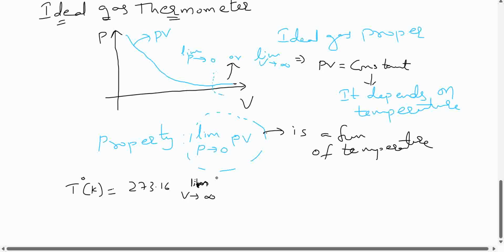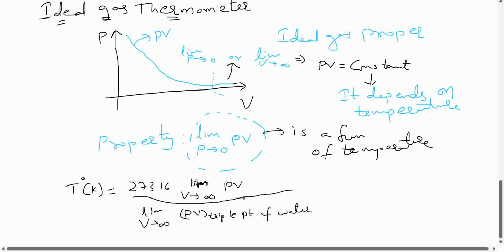So PV of that ideal gas system divided by limit V tends to infinity of PV at the triple point, where water exists in liquid, solid, and gas form. So this will give us the temperature in Kelvin.